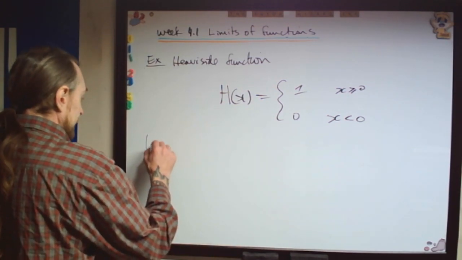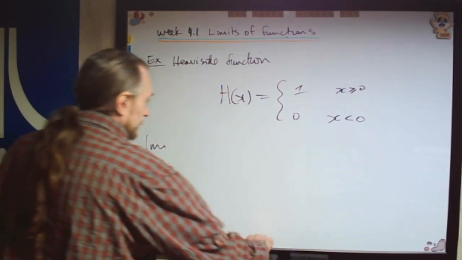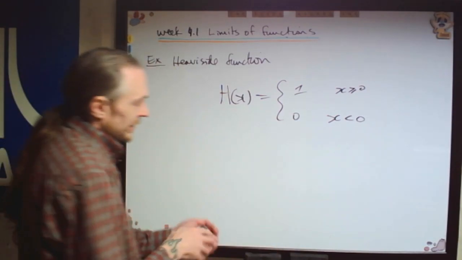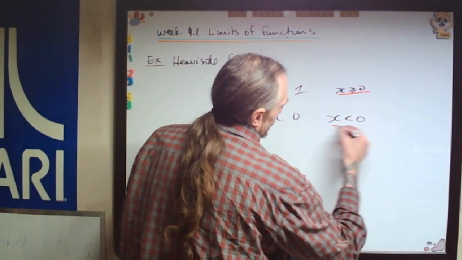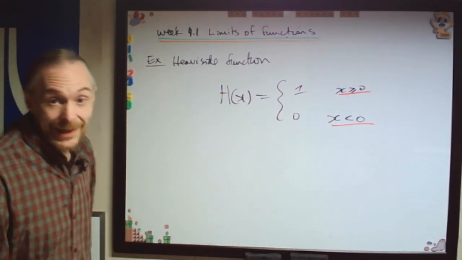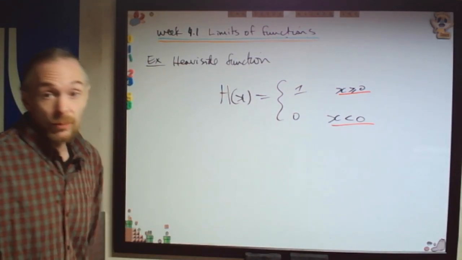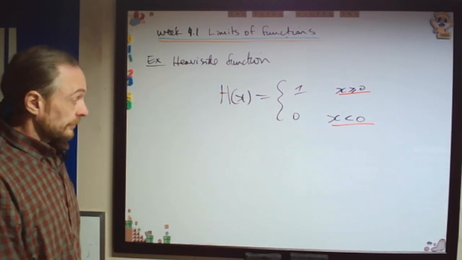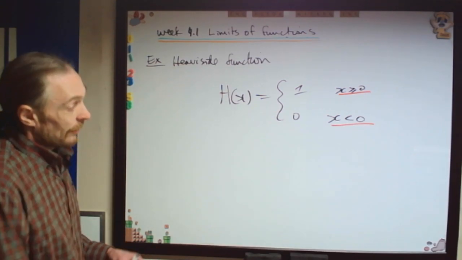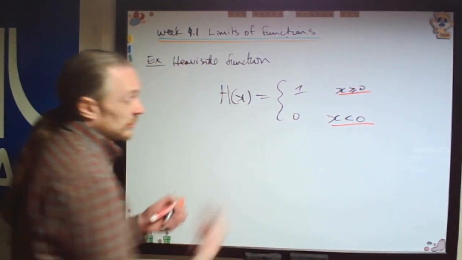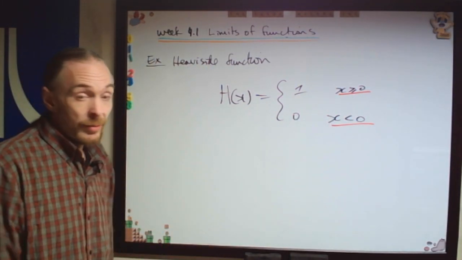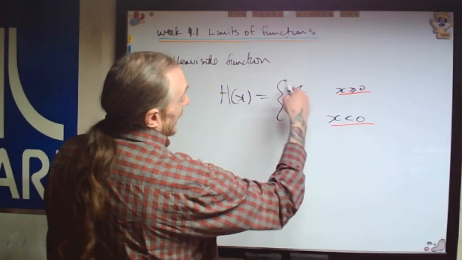So what I see is it switched at 0, so we have to check that the left-hand limit would equal the right-hand limit, otherwise the limit at 0 won't exist. Why did I check at 0? Because that's where the function switched, and that's where I might possibly have a problem. The function is going to be well behaved. It's just a 1.